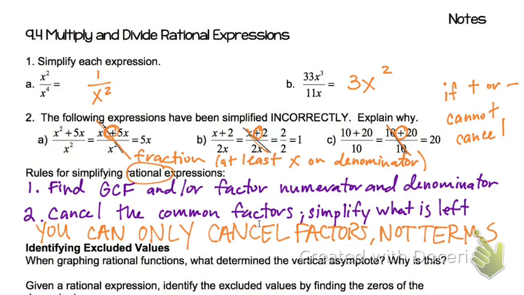So what I mean by that, I'm going to come up to the top and show you an example. Let's say that I have 3 times x plus 2 over x plus 2. These x plus 2's are factors, so that means that they can cancel. This is okay.